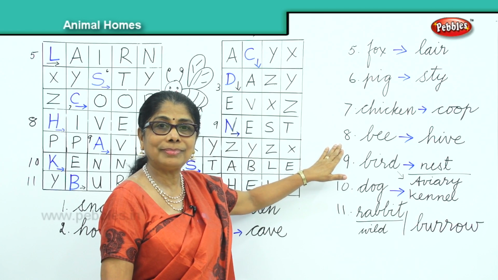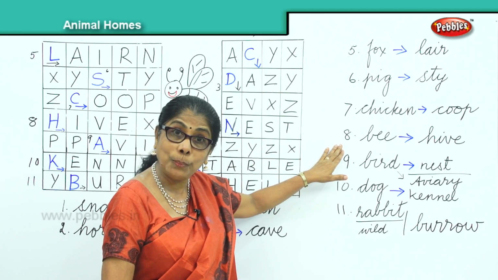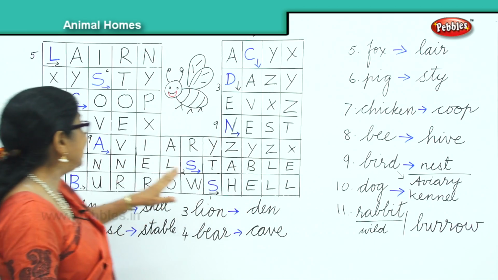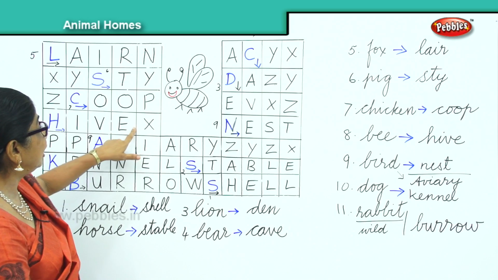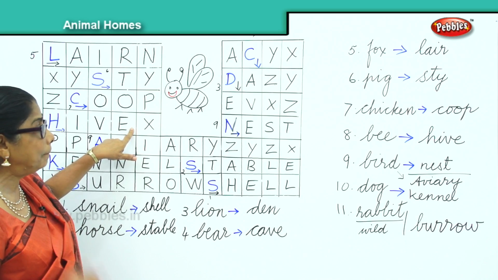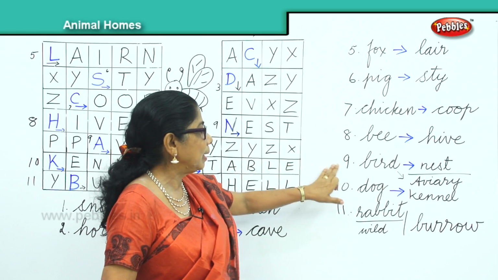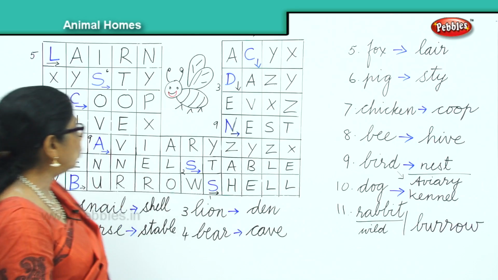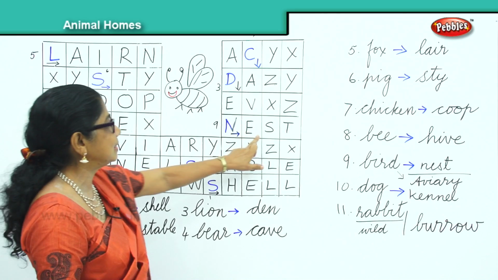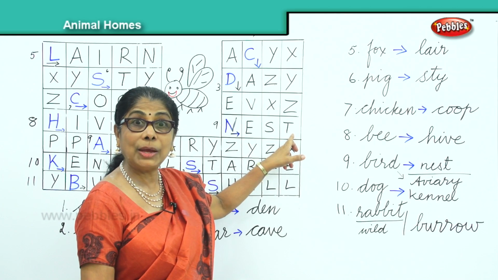Bees. Bees make their own home, and that's called beehive. Bees live in a hive. That's a home they build for themselves. Bird. Birds build their own home, and that's called nest. Their own home.